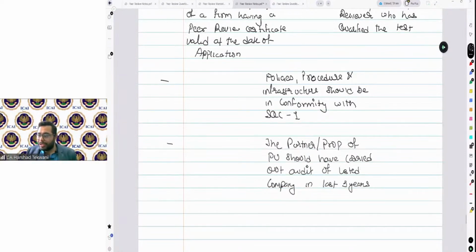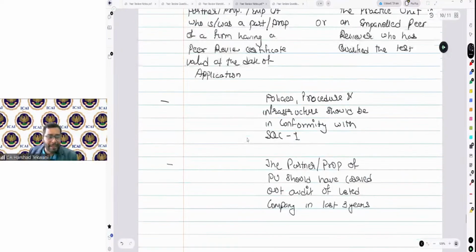Okay, so these are the conditions that a new practice unit has to satisfy in order to be entitled to get a peer review certificate. If these conditions are not met, then the new practice unit cannot apply for a peer review certificate.